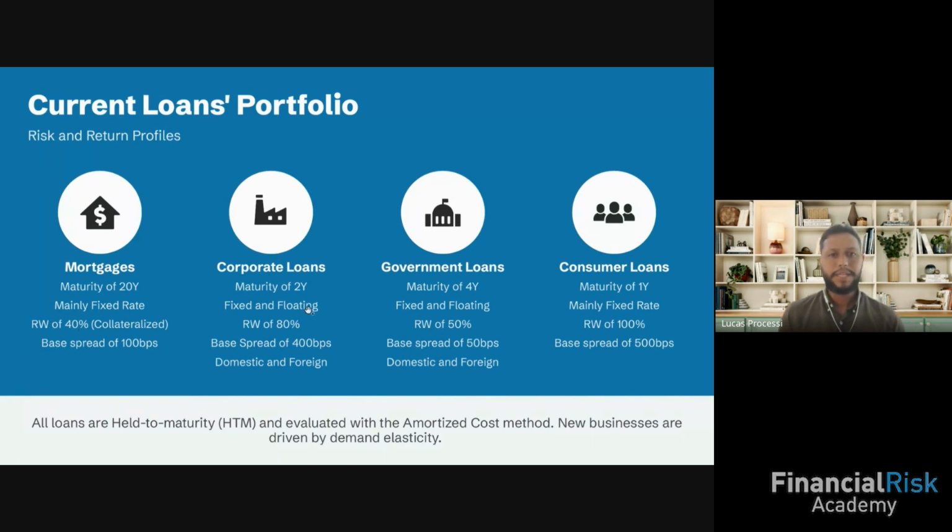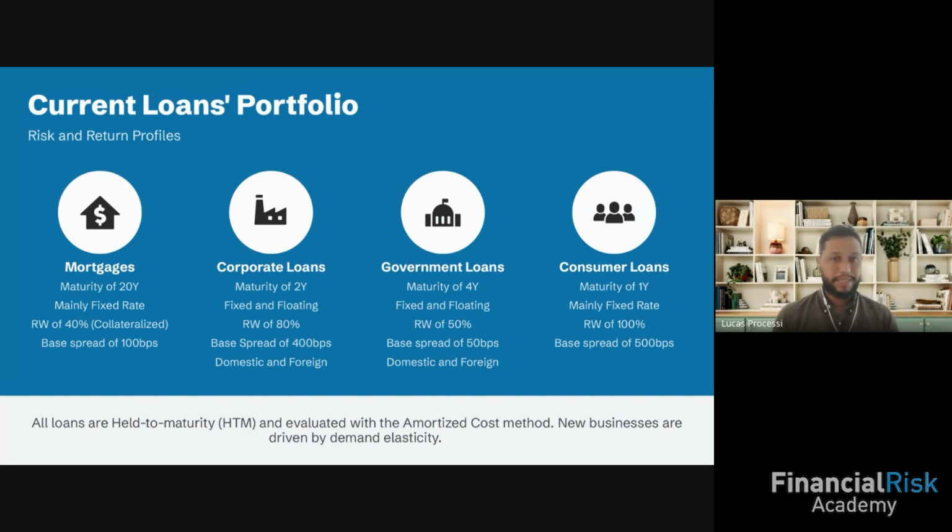And the other ones are a mixture of fixed and floaters. And also we have foreign exchange risk arising from corporate loans and from government loans. And all the banking portfolio is being classified as held to maturity and evaluated using the amortized cost method, okay?